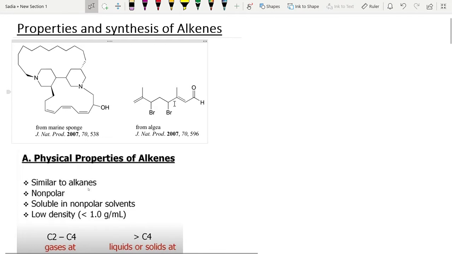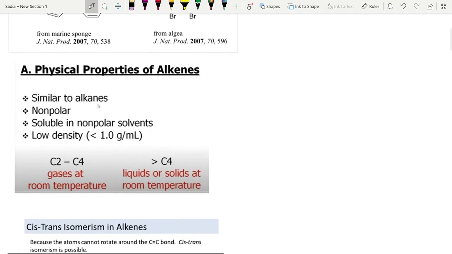Now if we look at the physical properties of alkenes, they are very similar to alkanes, but the difference is just the carbon-carbon double bond presence. They are non-polar. What is meant by a polar and a non-polar molecule?